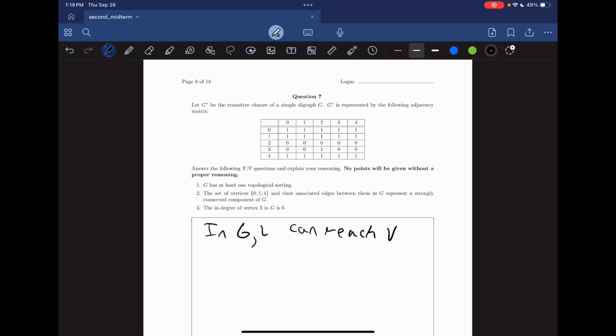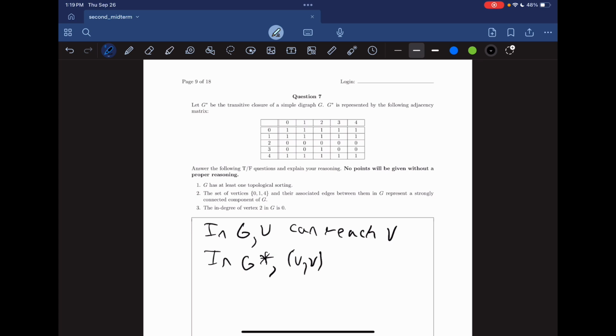What I mean by that is that there is a path in this directed graph G that you can take to reach V. So either there's an edge right between U going to V, or there is an edge from U to X, and then an edge from X to V. Point is that there is some path of edges that you can take to reach V. If in G that is true, then in G star, there will be an edge UV.